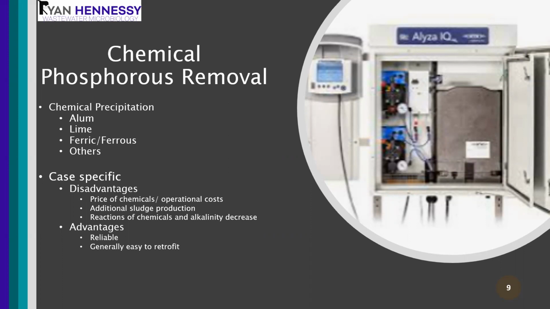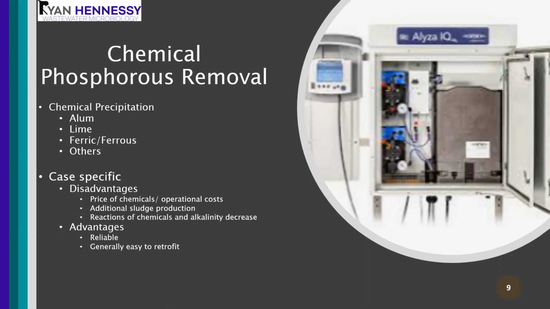So the chemical phosphorus removal is necessary, and it's something to have as a backup. And in some cases, as we'll discuss, there are some individual circumstances where, when you look at a case-by-case situation, there are times where chemical phosphorus removal may make more sense than enhanced biological phosphorus removal.